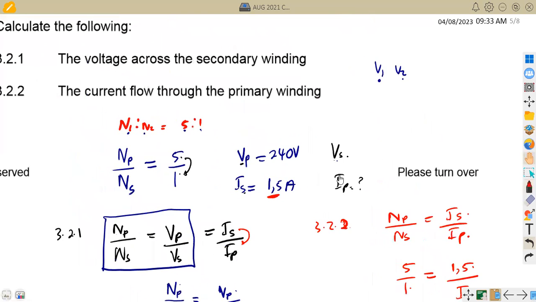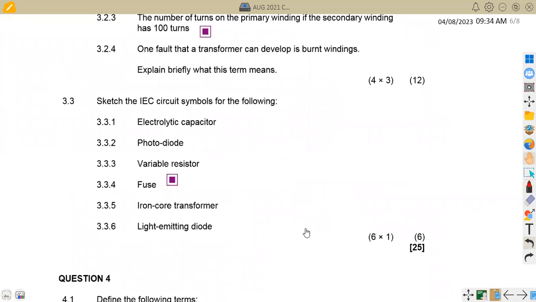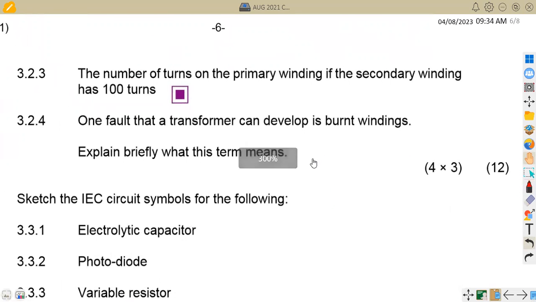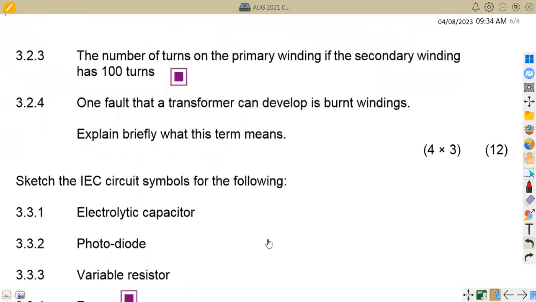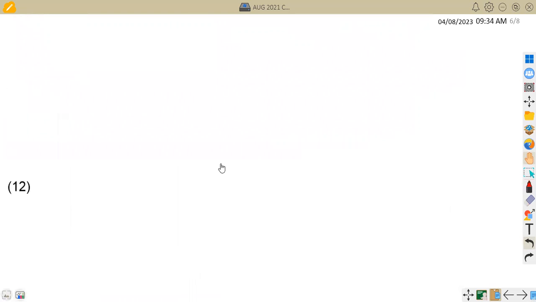That was our question 3.22. Let's check the other part of the question, 3.23: the number of turns on the primary winding if the secondary winding has 100 turns. We are back to the same formula, our turns ratio NP over NS is 5/1.